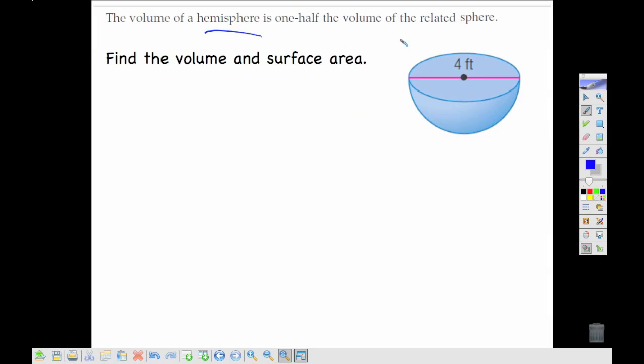Okay, now we're looking at a hemisphere, and it's going to be half of the volume. So starting off, our volume is going to be just our 4/3 pi r cubed, but then we divide everything by 2. The surface area is going to be a little bit more complicated than that. Notice with our surface area, I'm going to start by taking my 4 pi r squared, that's my formula, but it's cut in half.